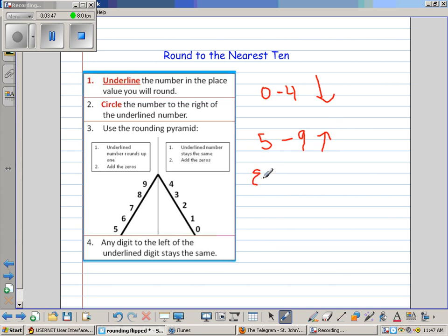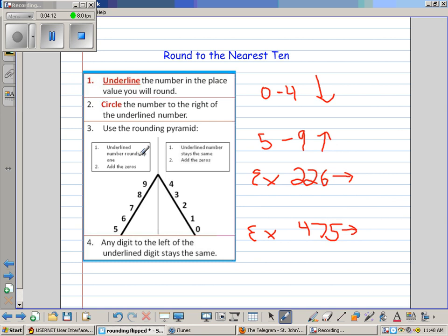So example 1, and I'm going to put the number 226. I want you now to round to the nearest 10. I'm going to give you another one. Example 2, 475. Round that to the nearest 10 as well.